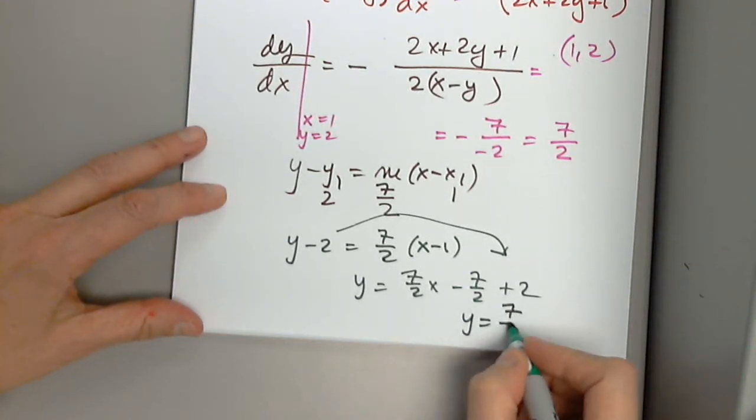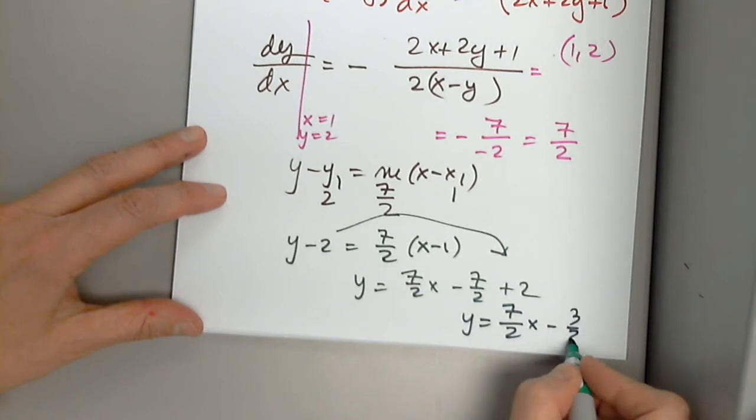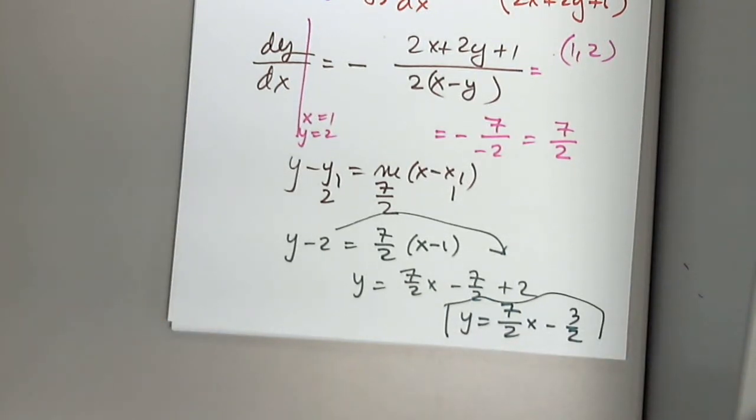So y equals 7/2 x minus 3/2. Can anyone tell us what this represents? The equation of the tangent line to whatever was given to us at the point 1, 2. Excellent. Well done. Any questions?